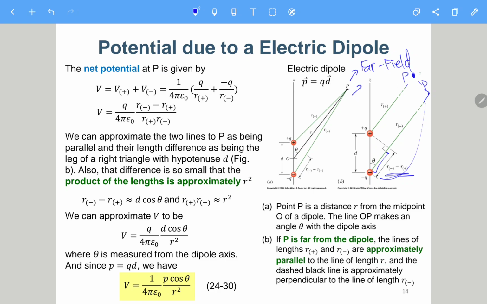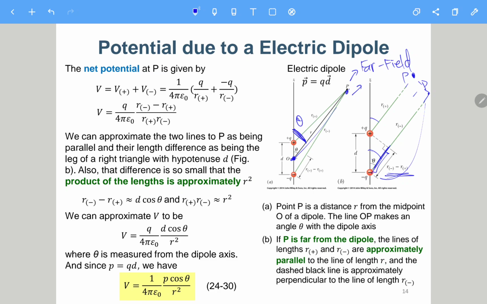So this is d, and then we also have the angle theta. Originally this line connecting with the point P we concern, and this angle is called theta. Now as long as we assume P is infinitely far away, we also assume this is theta, this is also theta, as they are parallel to each other.